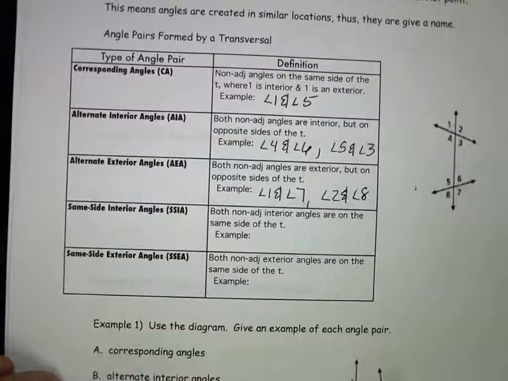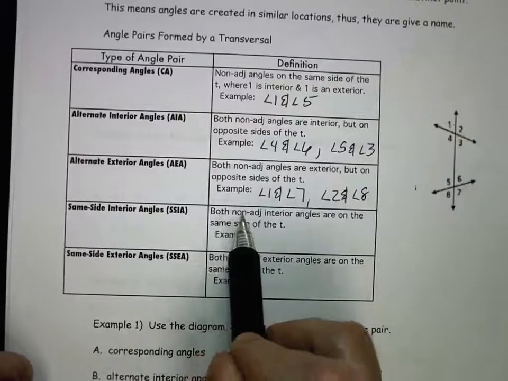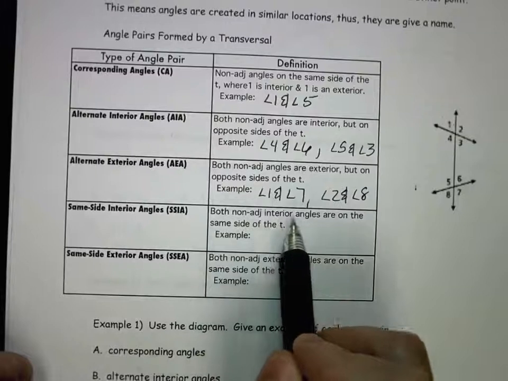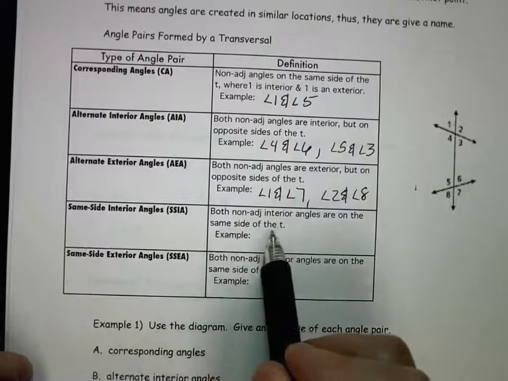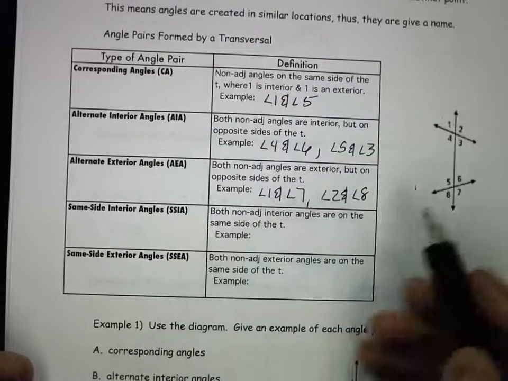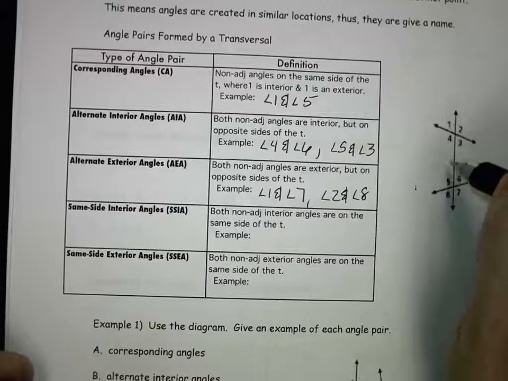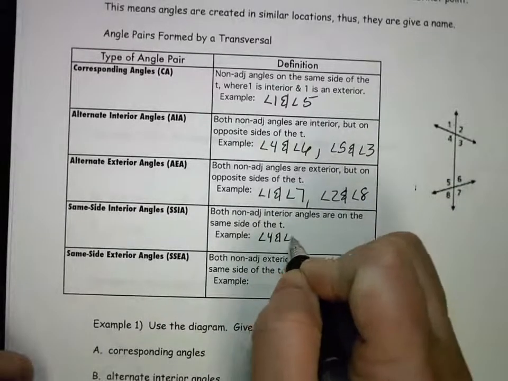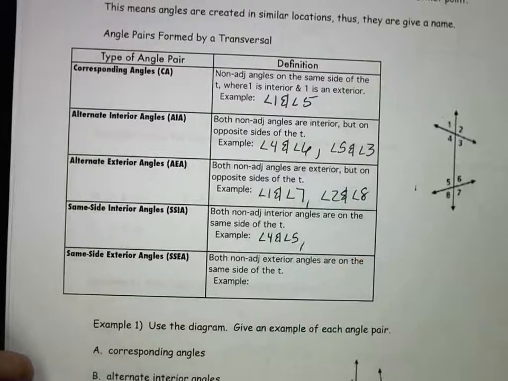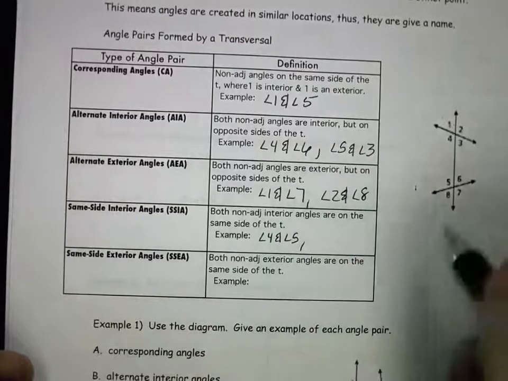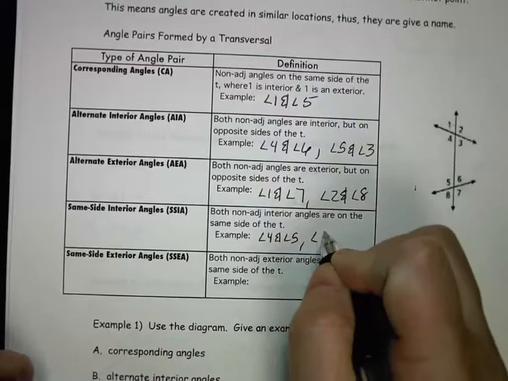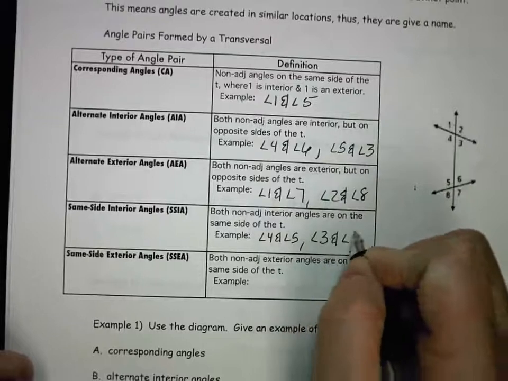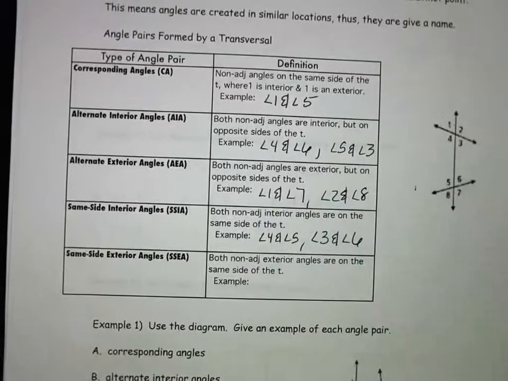Next, we have same side interior angles. Both non-adjacent interior angles are on the same side of the transversal. So we have right here angle 4 and angle 5 are same side interior, or 3 and 6 are same side interior.